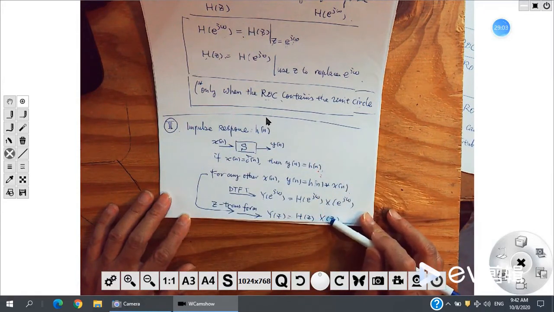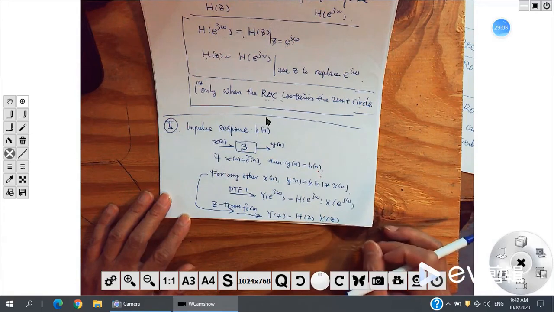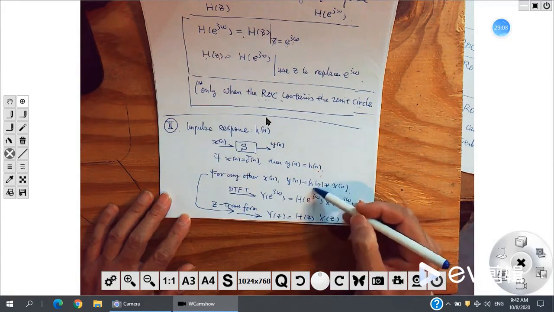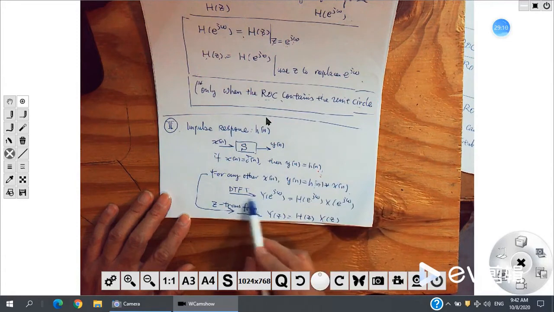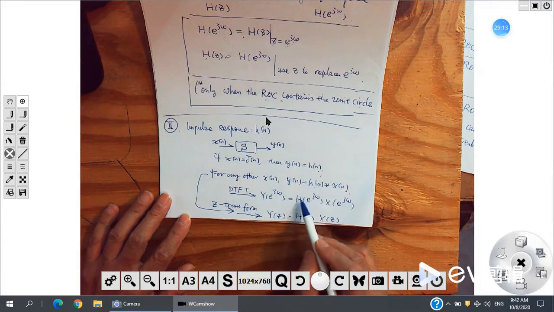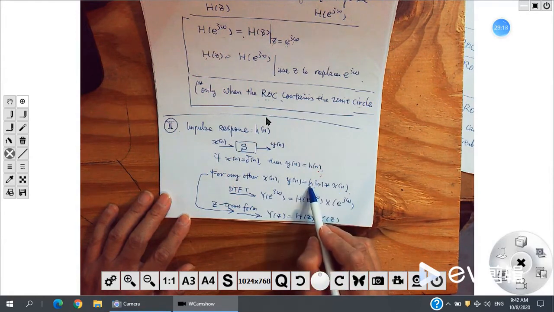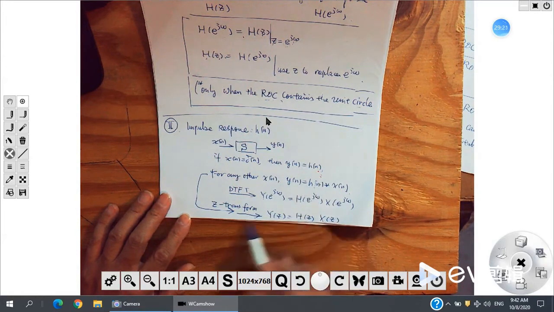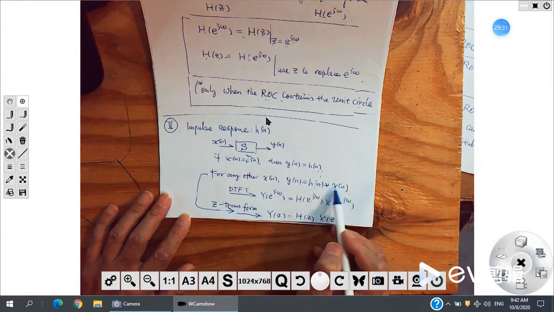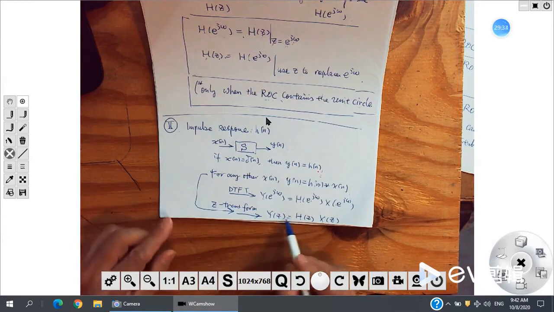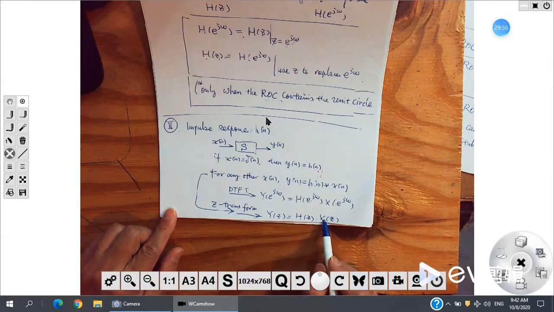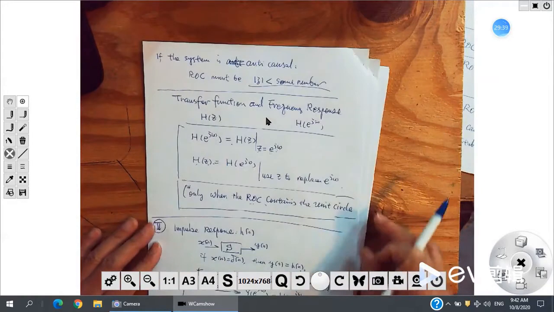From here to here, in the DTFT, we need the Fourier transform to be applicable on both x and h, and sometimes we can't. For the Z transform, I think almost any time, in any case, you can apply it, no matter what x and h are. You can always apply the Z transform to get this one. All right, this is the impulse response.